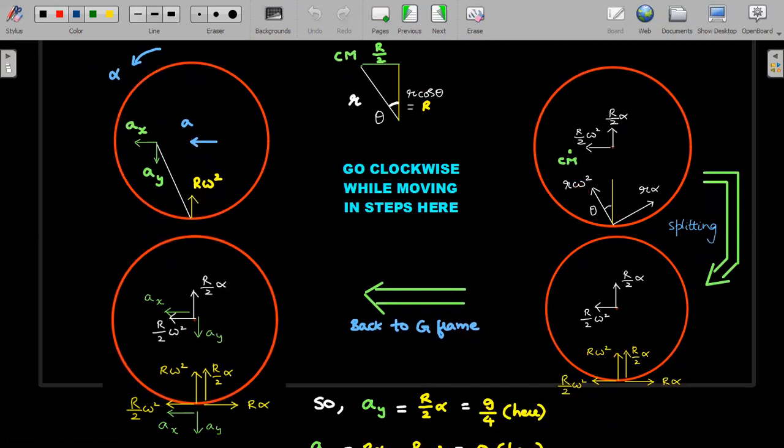So this small r omega square's component in the vertical direction is capital R omega square. Similarly, this one will produce a leftward component, which is capital R by 2 omega square. Then this small r alpha also can be split into this direction and this direction, which is capital R by 2 alpha and capital R alpha, by taking this as 90 minus theta. So these two white vectors have been split into these four yellow vectors.